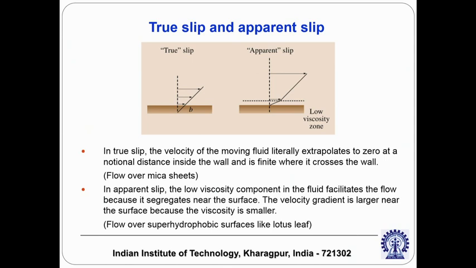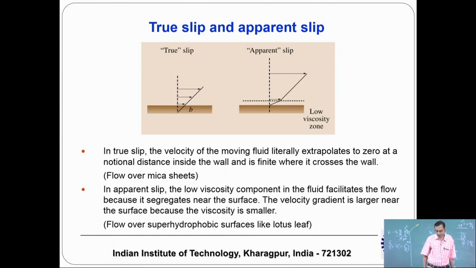Why it will slip is described in this very simple model, where you will see that at the wall there can be a small, thin layer of nanobubbles or a thin layer of rarefied gas.